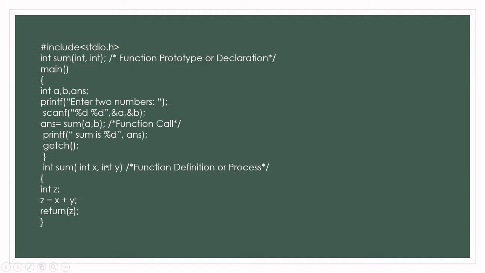Over here x and y, the result is stored in z. When x and y values are calculated, the result is stored in z, and the value gets printed over here, and this sum of those two numbers gets printed.